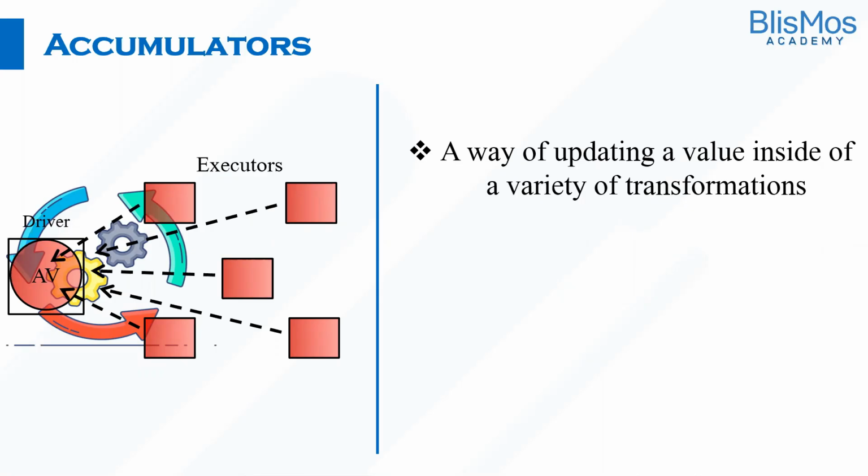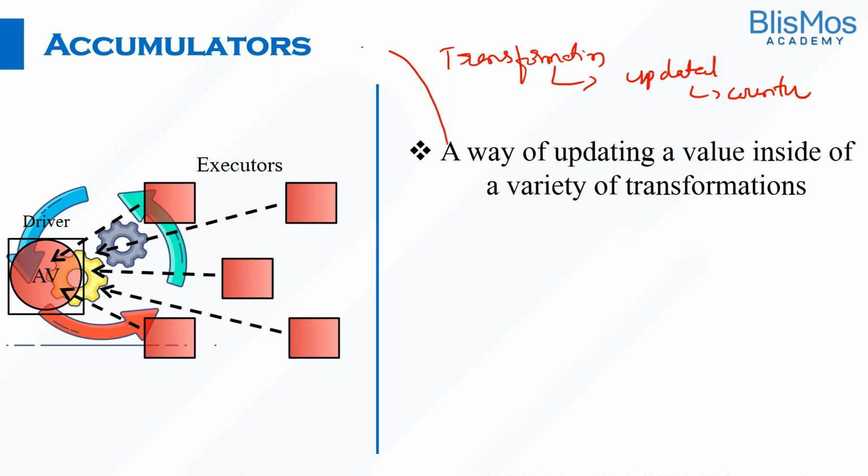Let us say you are updating a value as a part of your transformation. That value needs to be updated like a counter. In that case, we can use the accumulators.